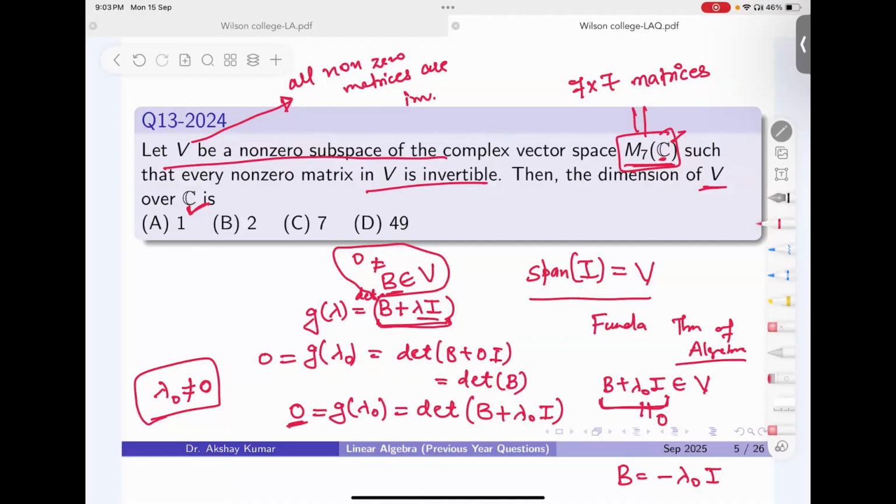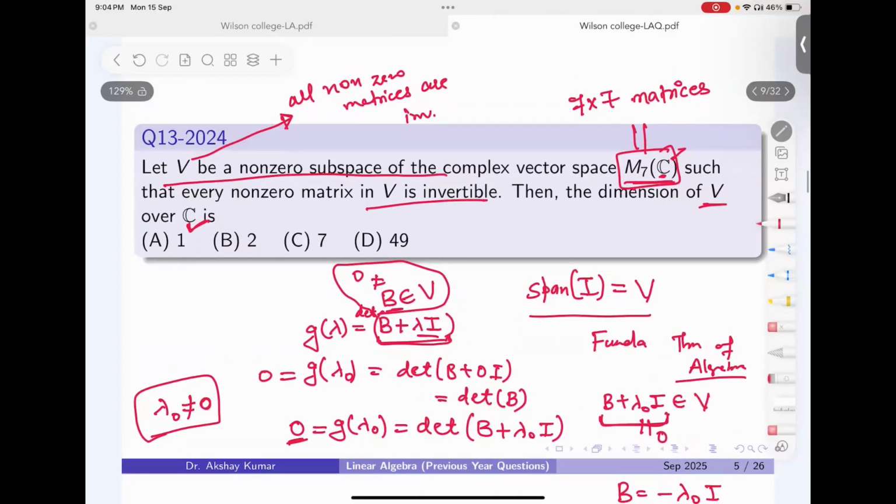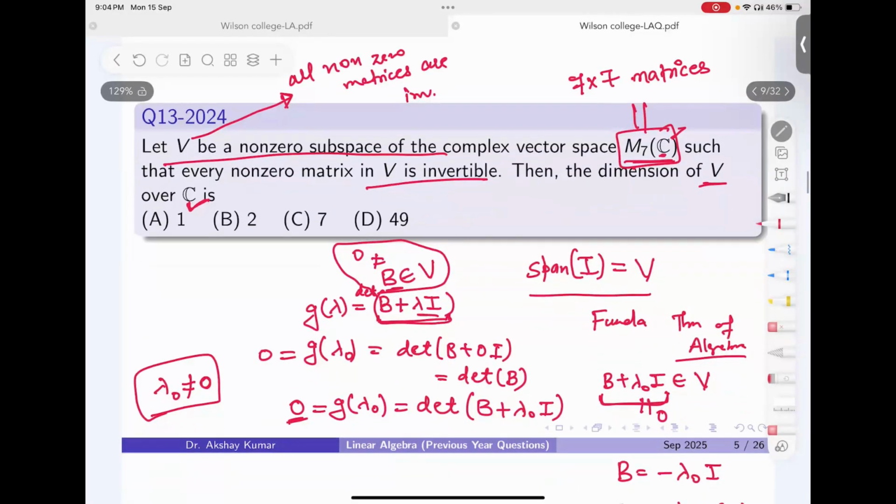It is the claim that the span of I is equal to V. How can we think of this intuitively at first in the examination hall? This is a genuine question, but this one is a standard question.